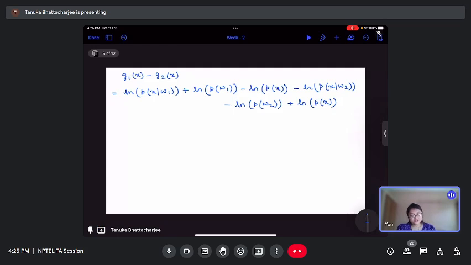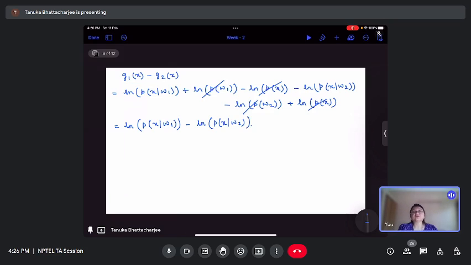Now here ln of p of x is the same for both g1(x) and g2(x), so this term simply cancels out. We also know that the two classes are equiprobable, that is probability of omega 1 is equal to probability of omega 2, so these terms also cancel out. So finally we are just left with ln of probability of x given omega 1 minus ln of probability of x given omega 2.